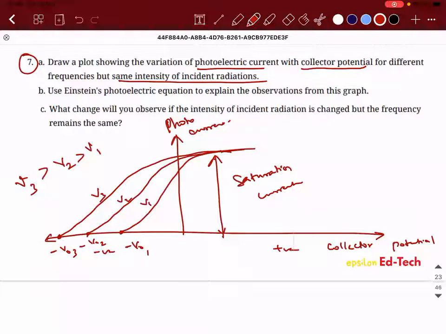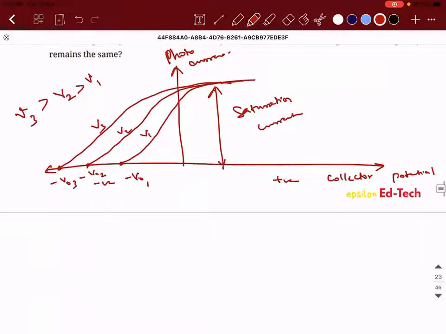Guys, did you understand this? Yes, sir. So use Einstein's photoelectric equation to explain the observations from this graph. So how is stopping potential related to maximum kinetic energy? Maximum kinetic energy is equal to e into V naught. Accepted? So e into V naught.